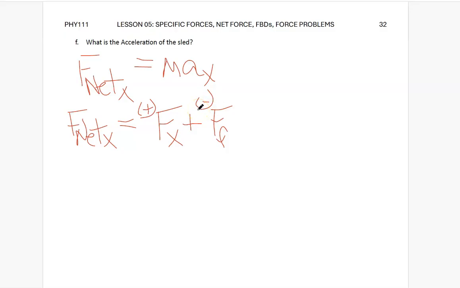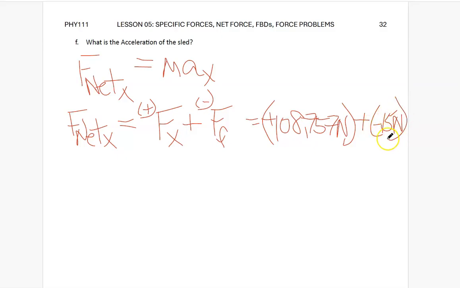We know both of these values. We've calculated them already. The x component is 108.757 newtons, and that's positive, plus a negative 15 newtons for the friction. We know that's a negative value. Now we're adding forces. When we're adding up forces, we keep the positive and negatives in there.